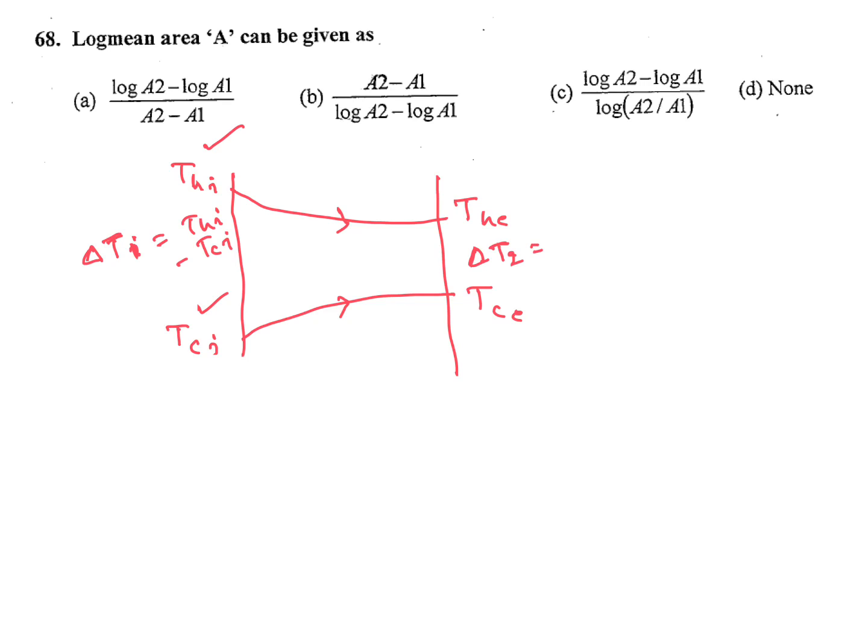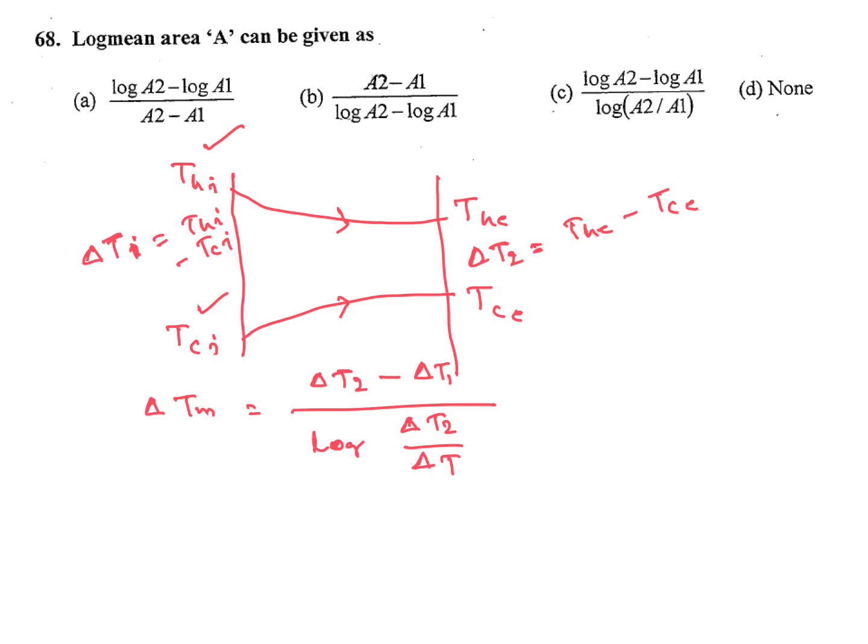Delta T2 at exit is the difference THE minus TCE. So delta Tm is delta T2 minus delta T1 divided by log of delta T2 by delta T1.